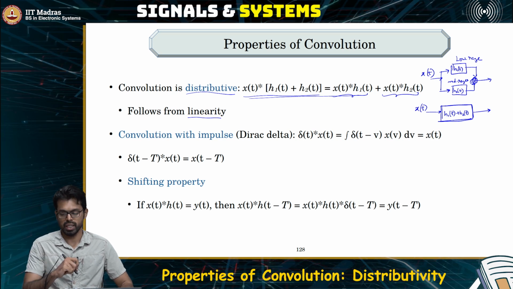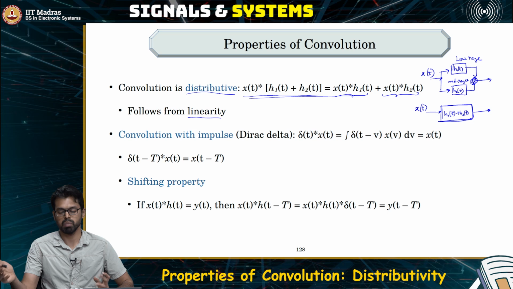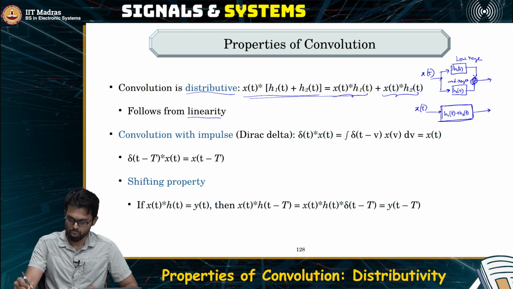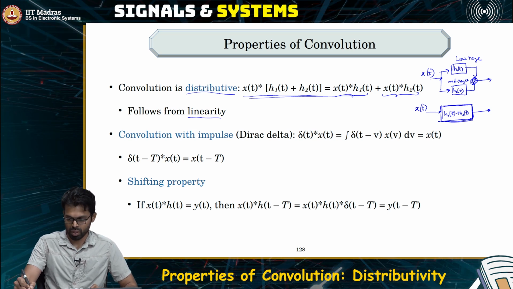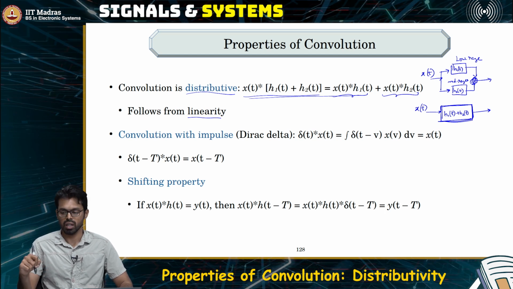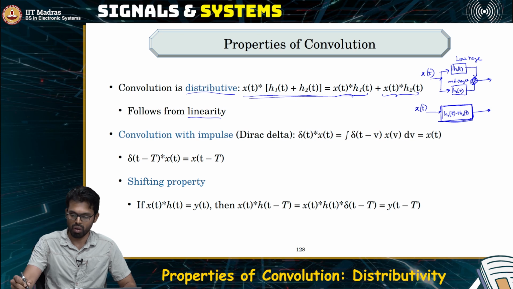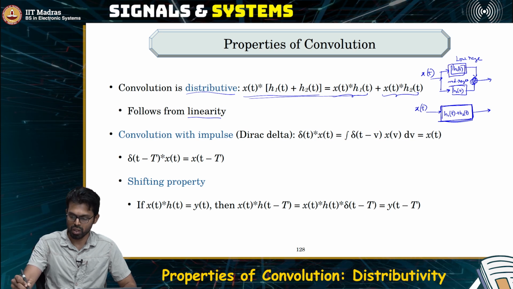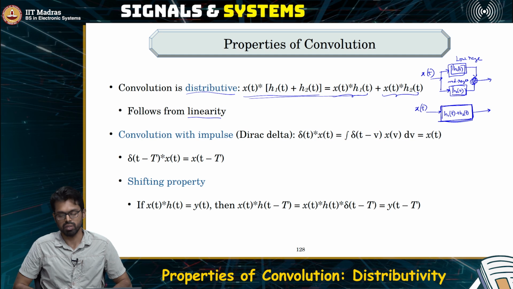So what this property tells us is you actually don't have to construct multiple filters. You can have just one filter such that the impulse response of this one filter corresponds to the sum of the impulse responses of these individual high range, low range, mid range filters.